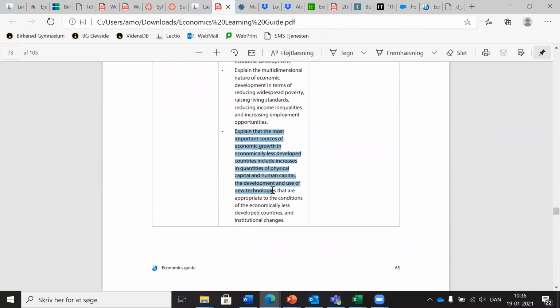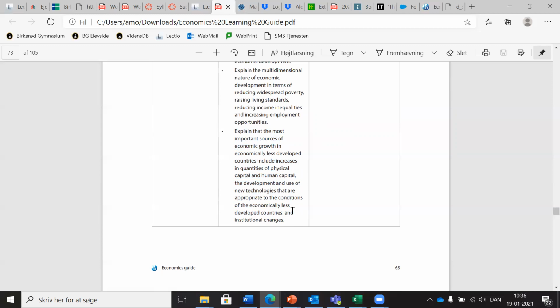The most important sources of economic growth in economically less developed countries include increases in quantity of physical and human capital, development and the use of new technologies that are appropriate to the condition of the economically less developed countries, and institutional changes.